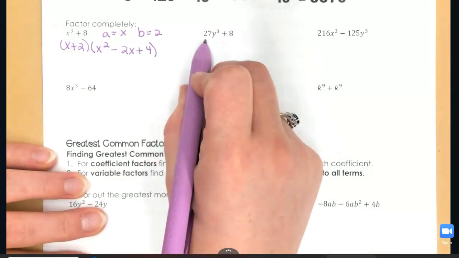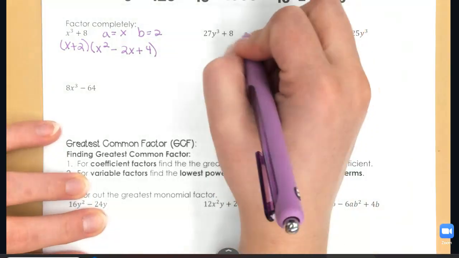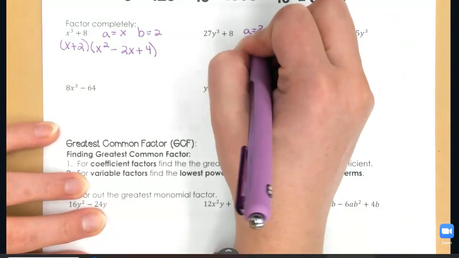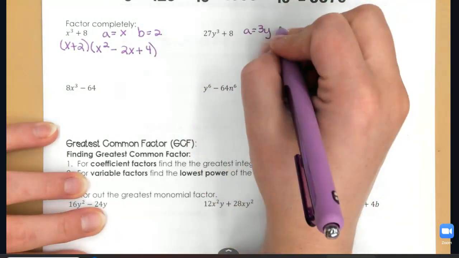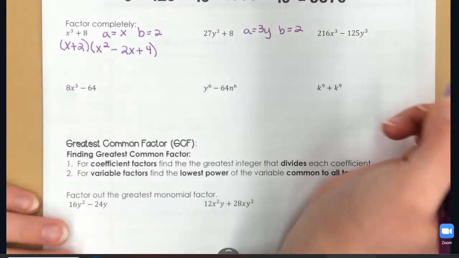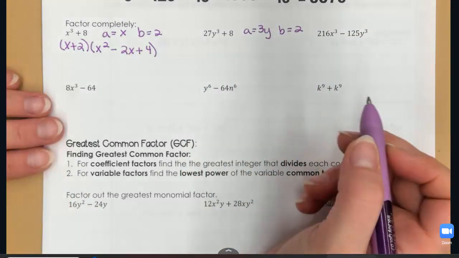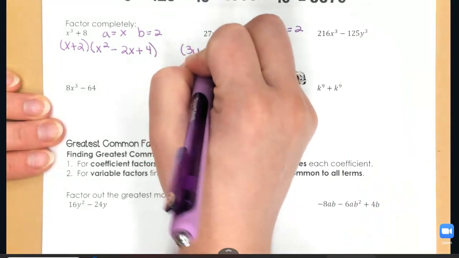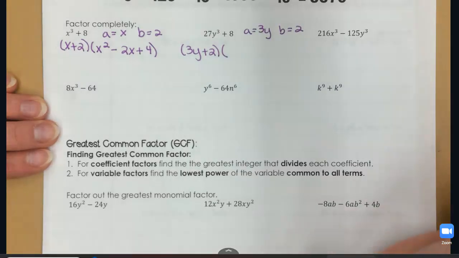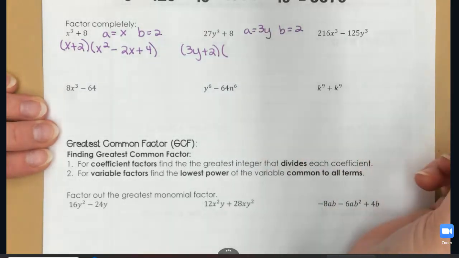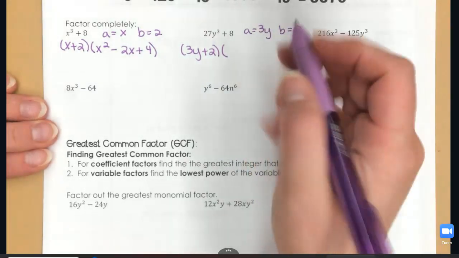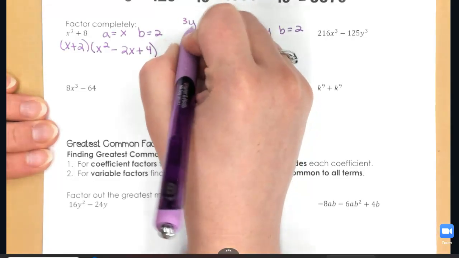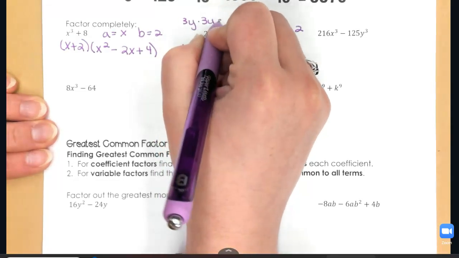Okay, on to my next one. I have 27y to the third plus 8. A for this one is going to be 3y, and b is 2. So again, sum of cubes, so I'm going to do a plus b, 3y plus 2, times a squared. Now remember, when you're squaring something, that means you're multiplying it by itself. So if I'm squaring 3y, that means it's 3y times 3y.